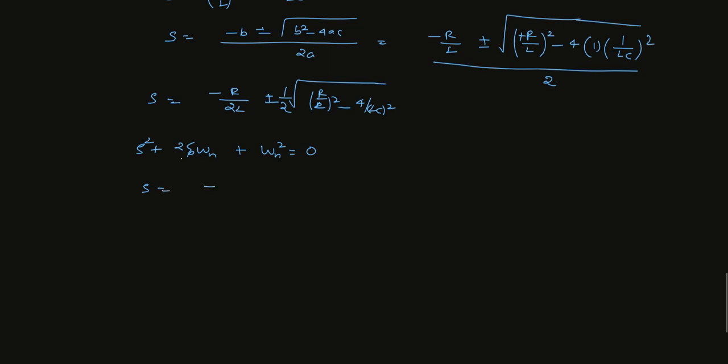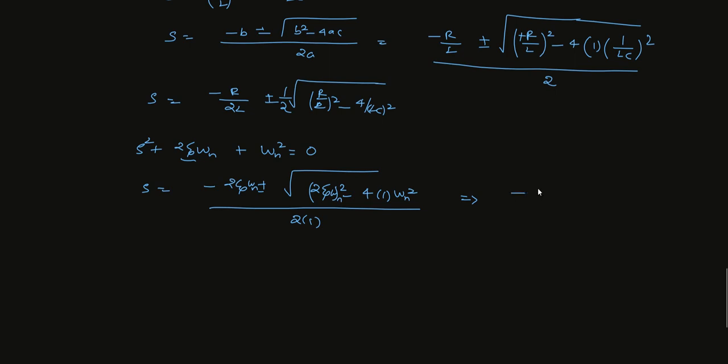Minus b means minus 2 zeta omega n, plus or minus root over b square, that is 2 zeta omega n whole square, minus 4, where a means 1 and c means omega n square, divided by 2a, and 2a means 2.